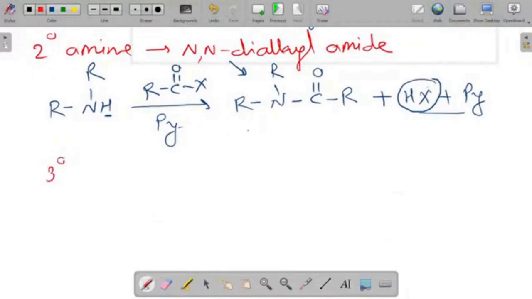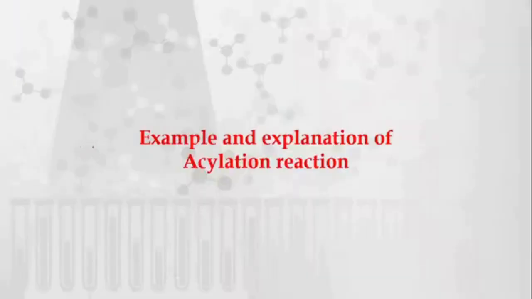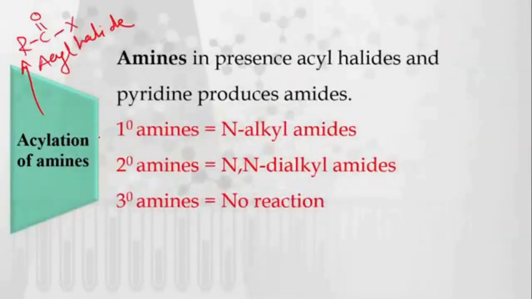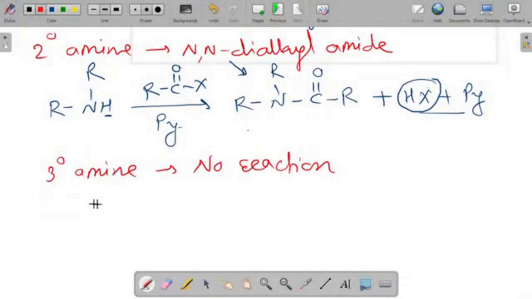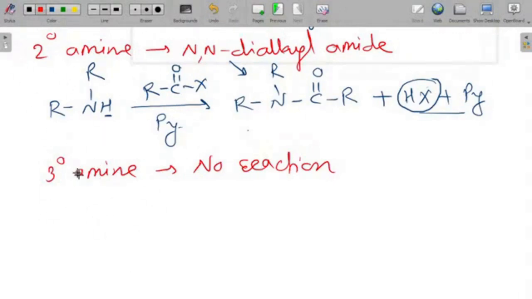With tertiary amines there is no reaction. Why no reaction? That we will see now. Consider this tertiary amine, with R, R and another R group. There is absence of hydrogen atom.